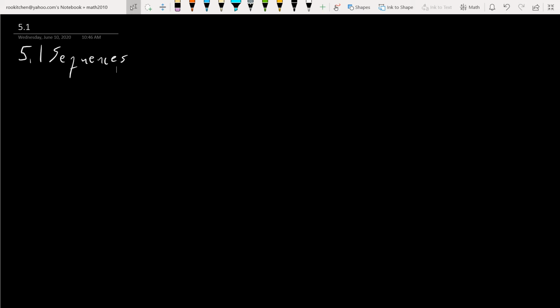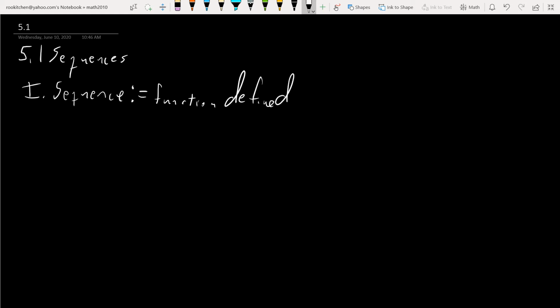All right, so anyways, we have a more technical definition here in mathematics of a sequence. A sequence is just a function with the domain on a set of integers. Okay, so it's a function defined on the integers.